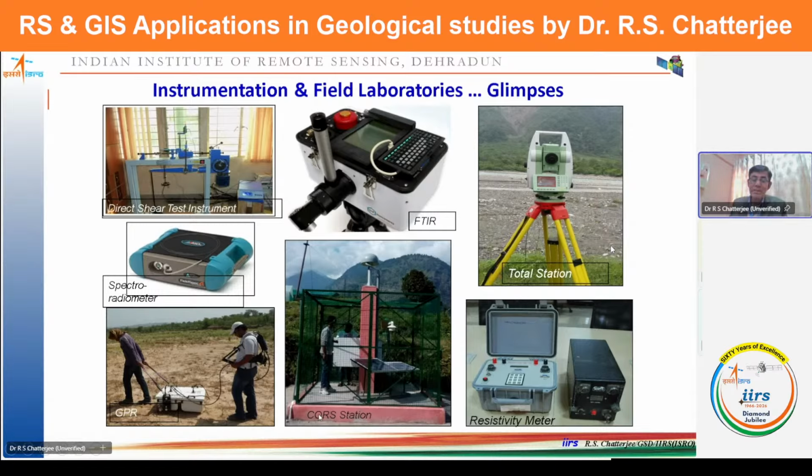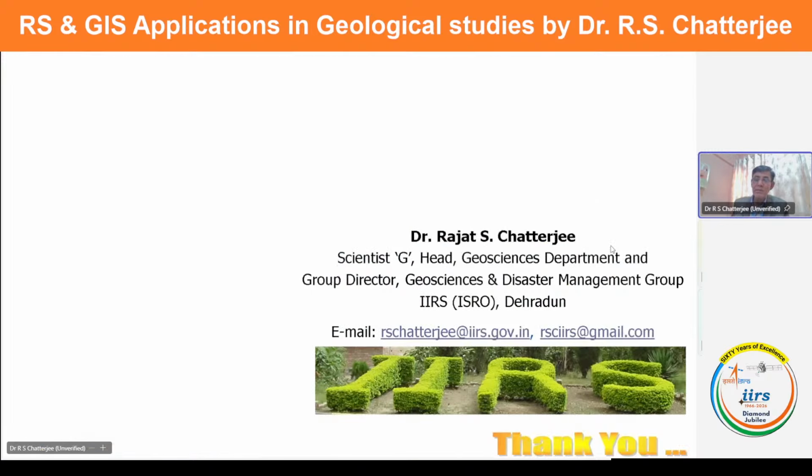GNSS is very important, that is the positioning, and how far the earth crust is under deformation or the movement is happening. And there are instruments like total station, and resistivity that can sense the aquifer at what depth, or map a buried paleo channel. Okay, with this I conclude.